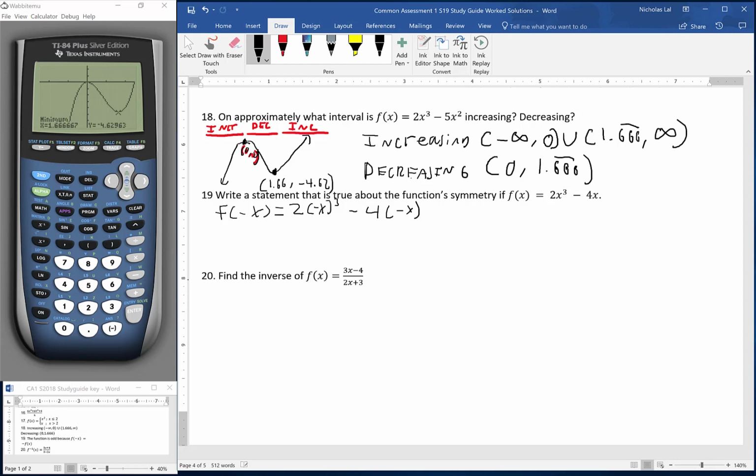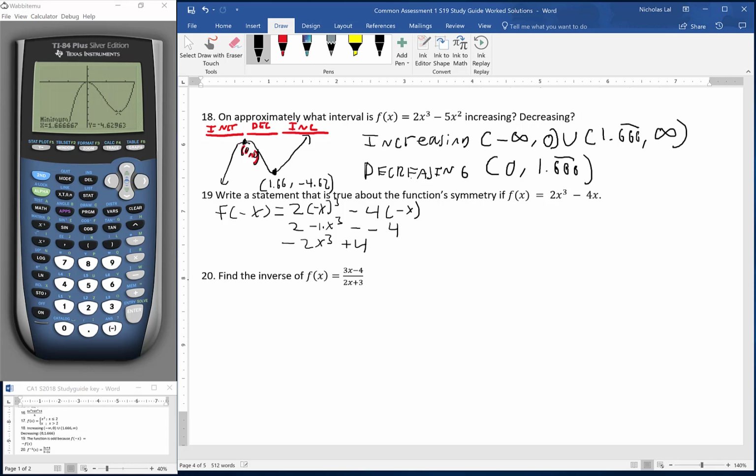So that's going to be equal to 2 times negative 1x cubed, because a negative number multiplied by itself 3 times is still a negative number, minus 4 times negative x, so that becomes negative minus negative 4. So simplifying this, it becomes negative 2x cubed plus 4x.